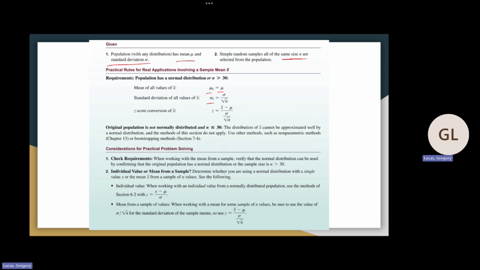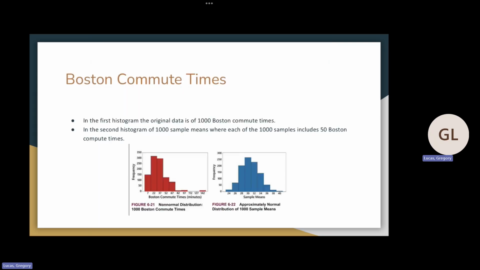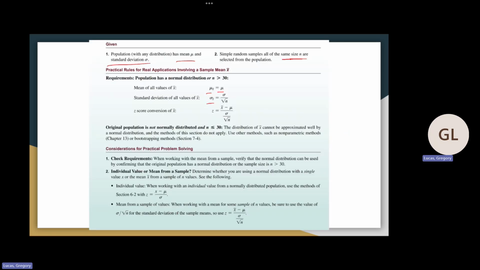Second thing we should consider, is this an individual value or a mean from a sample? So this part's a little tricky here. A good way to think of this is the graphs below. The first one is just an individual value, and then the second one would be a mean from a sample.